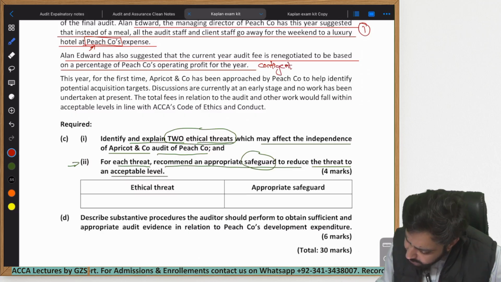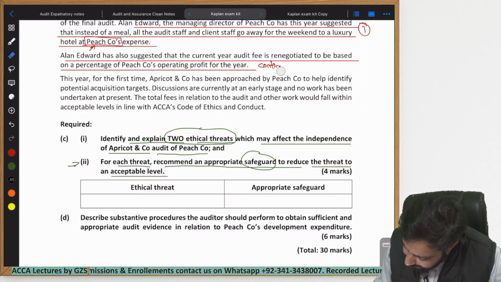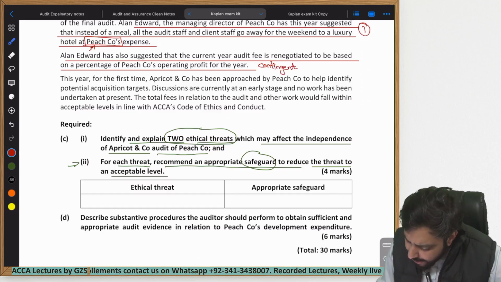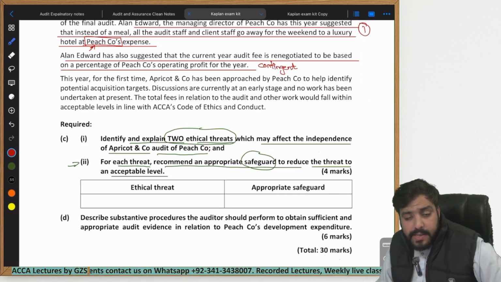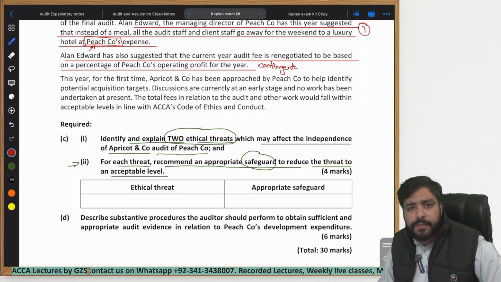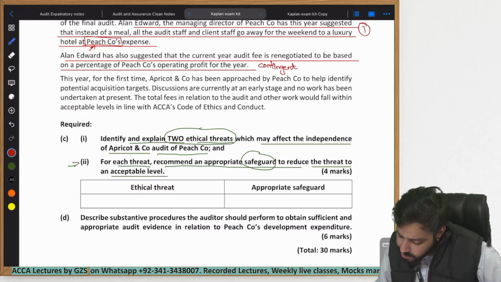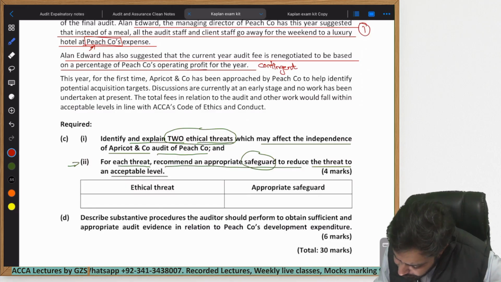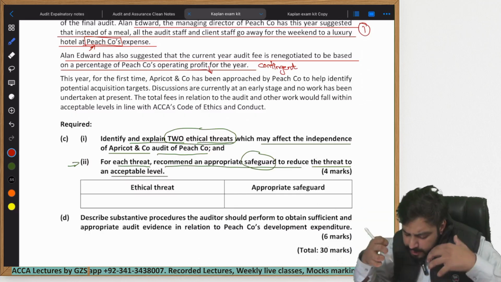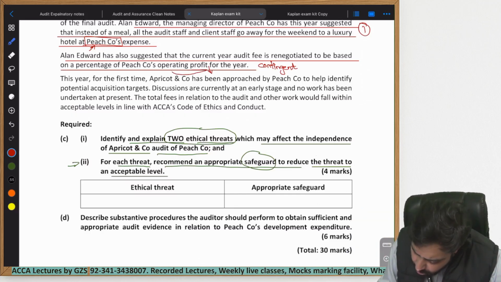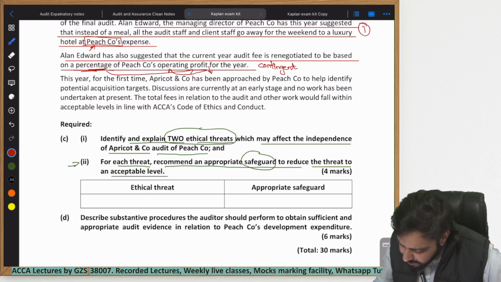Contingent fee, apologies, used to say that the fees of the auditor cannot be linked with the financial statements or anything of the company, because then the auditor is likely to misstate the financial statements themselves or not identify issues that would reduce the profit of the company, because if the profit is reduced, their fee would also be reduced because it is based on a percentage of the company's profit.